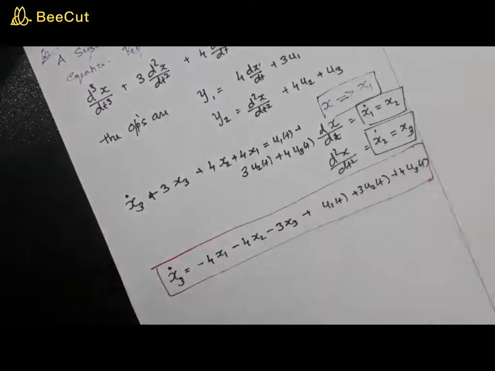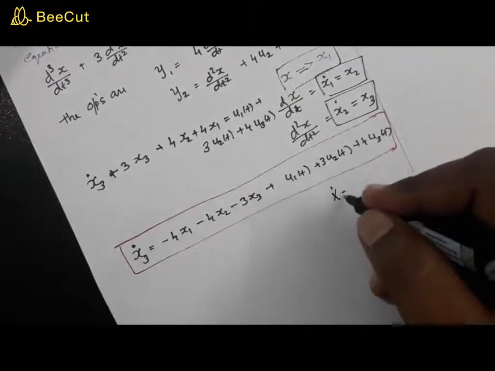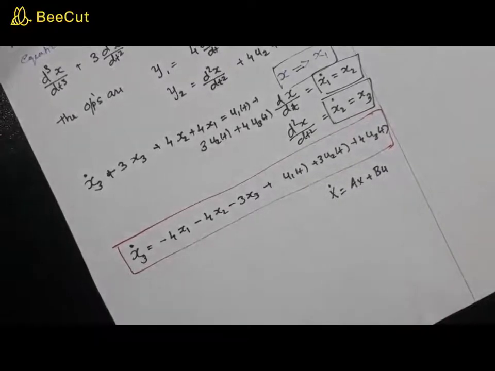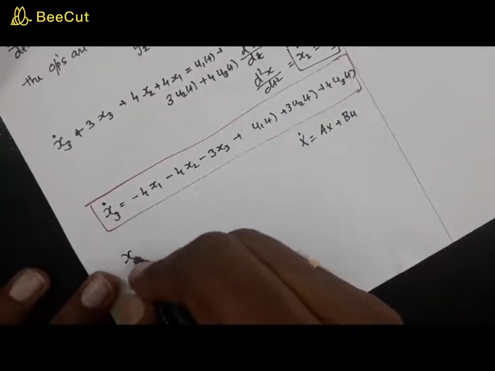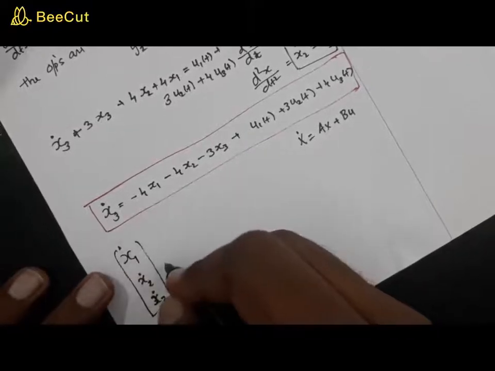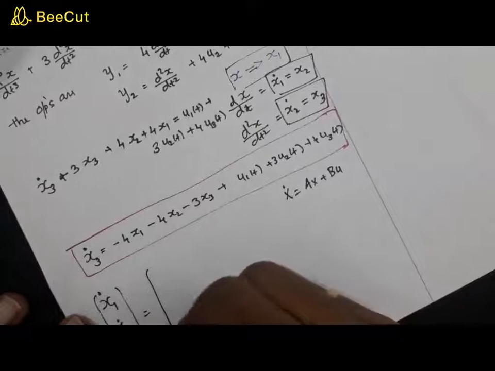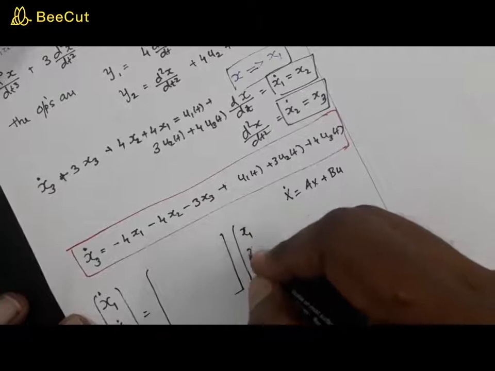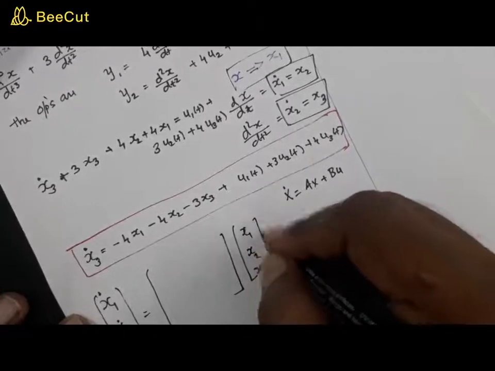Now, how will you write the state equation? The state equation is of the form x dot is equal to Ax plus Bu. You need to be very careful when you write this equation. As always, this will be x1 dot, x2 dot, x3 dot, a 3 into 1 column matrix, equal to a 3 into 3 matrix with x1, x2, x3, right?